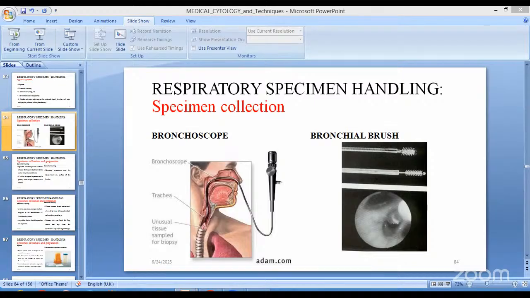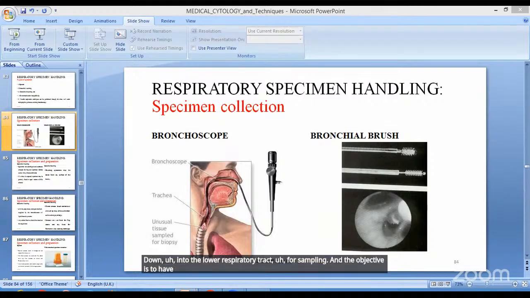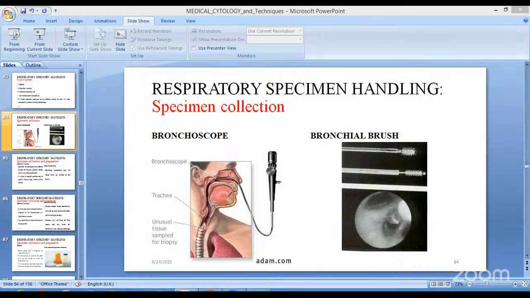The objective is to have samples with high yield. The exfoliated cells are needed for evaluation. Then the bronchial brush is inserted into the space to scrape the sample.